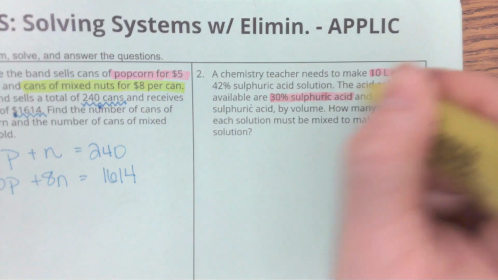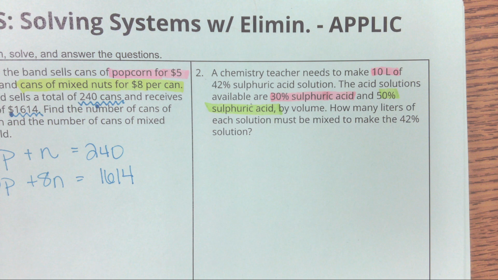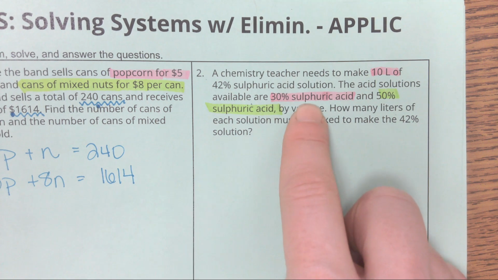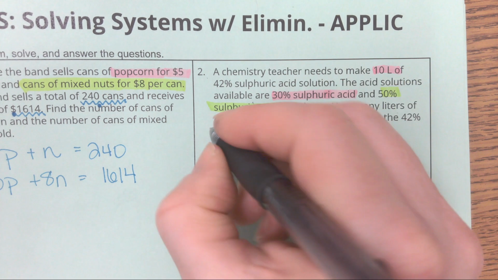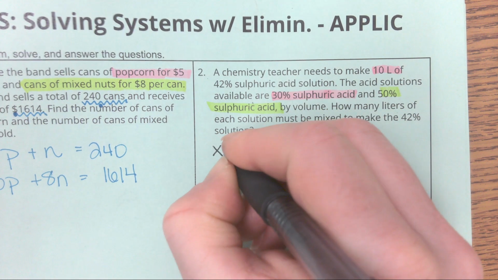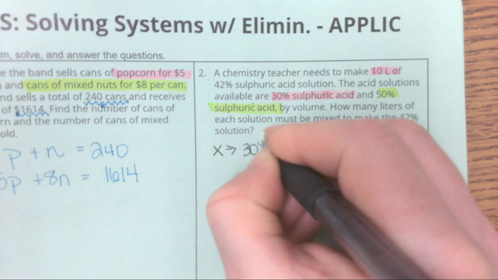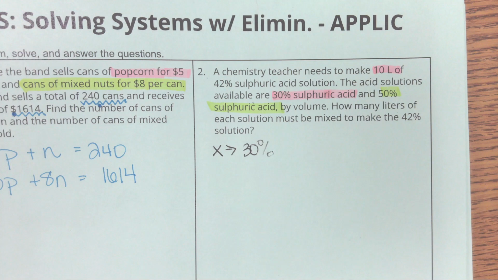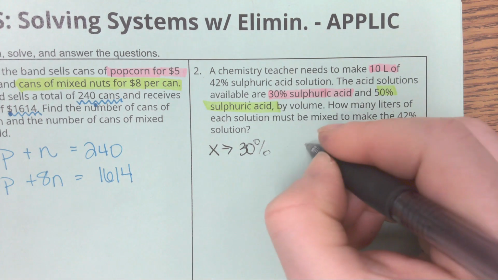So basically they're two different acids you're mixing together, but they have different concentrations of acid. I'm going to call the 30% X. So X is my 30%, so I can keep track, because the other ones I could use letters that stood for it. And I'm going to let Y be my 50%.